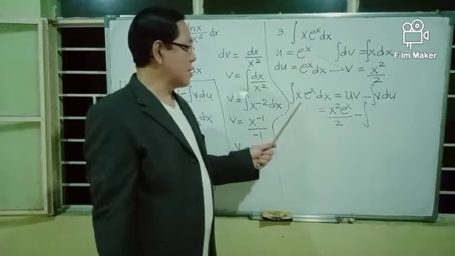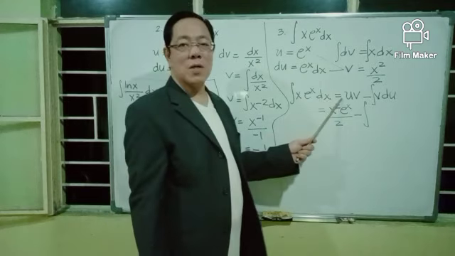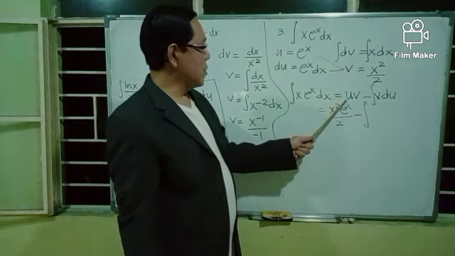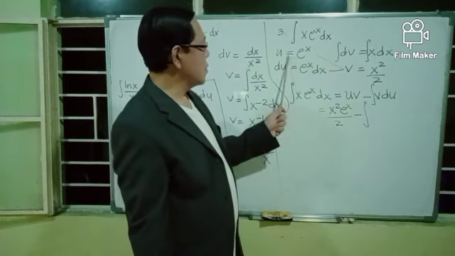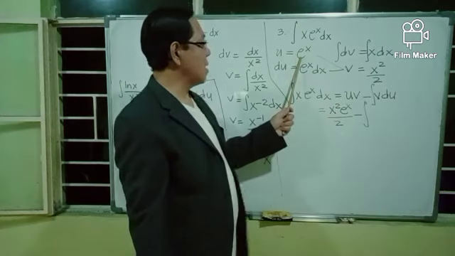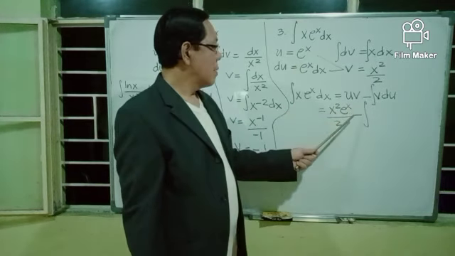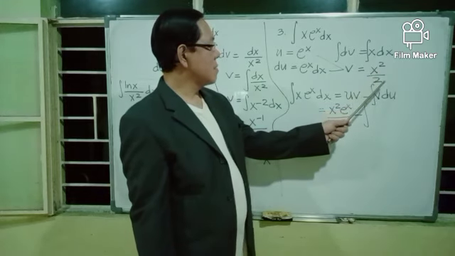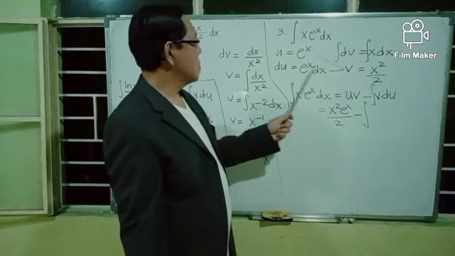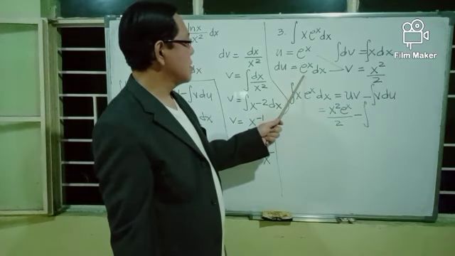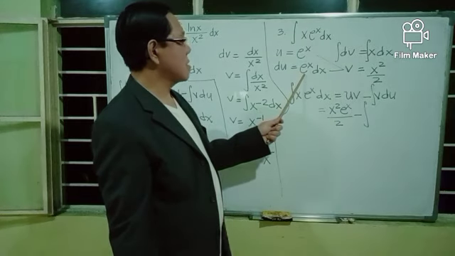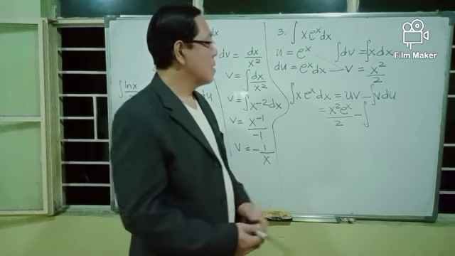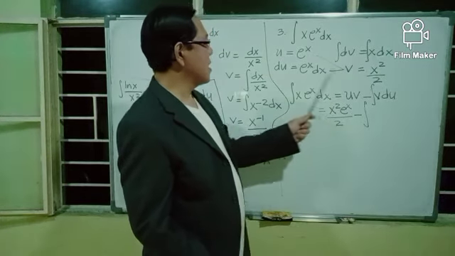Our given integral of x e to the x dx is now equal to uv minus the integral of v du. Our u multiplied by v is x squared multiplied by e to the x divided by 2, minus the integral of v, x squared over 2, multiplied by e to the x dx.